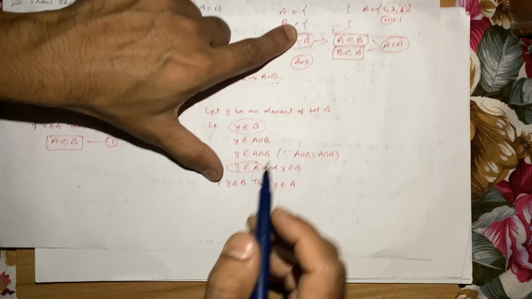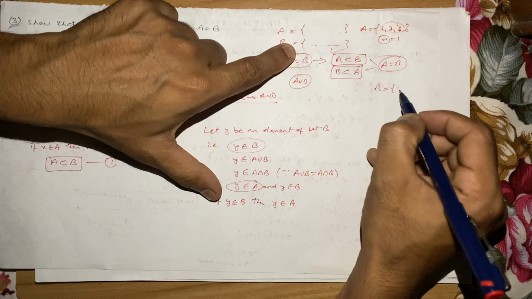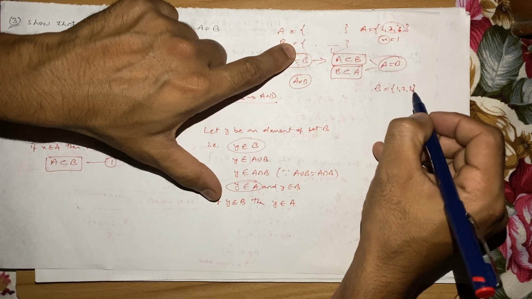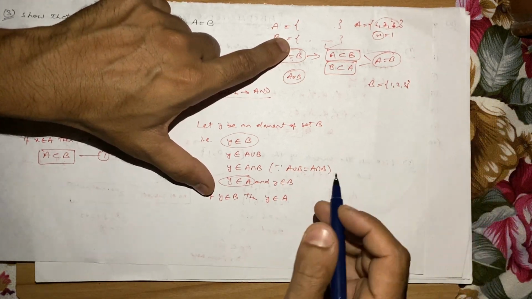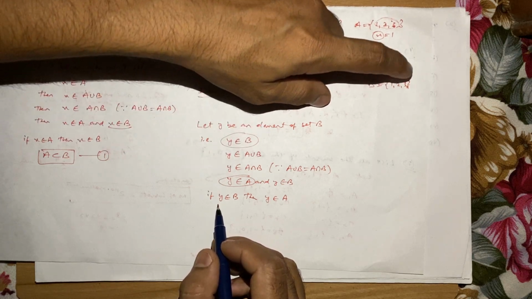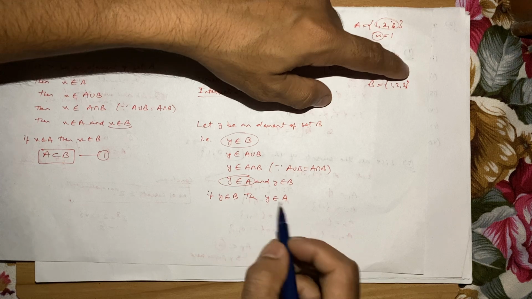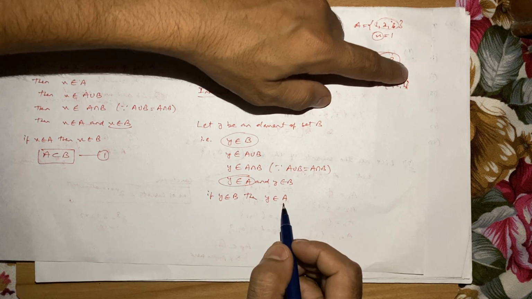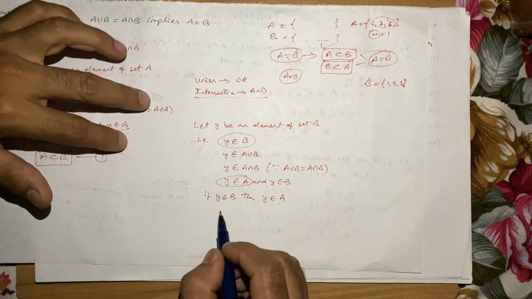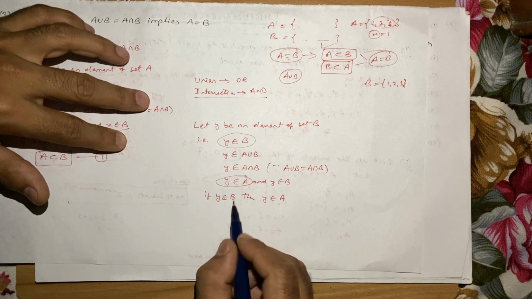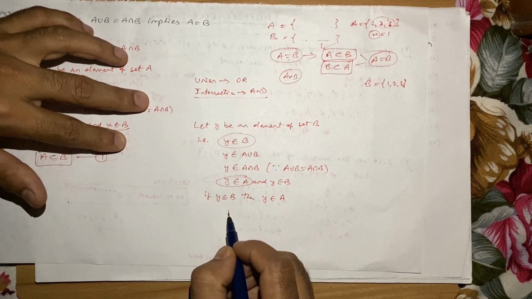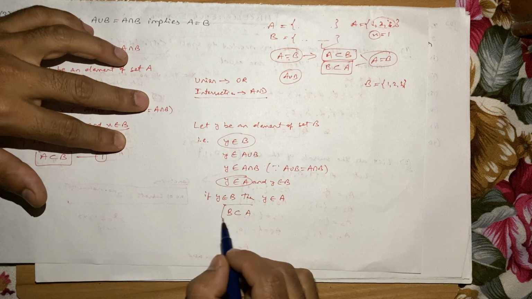Let's say B is a set that has 1, 2, 3, or 4, or anything. So Y can be 1, Y can be 2, or Y can be 3. If Y belongs to the set B, then Y also belongs to the set A, meaning these elements are also present in the set A. So all the elements present in the set B are also present in the set A. I can say B is a subset of A, right?